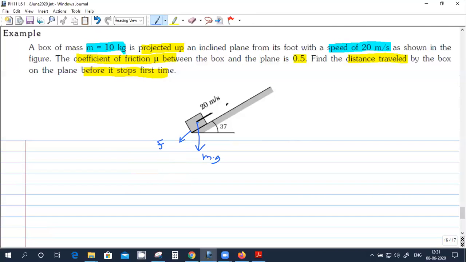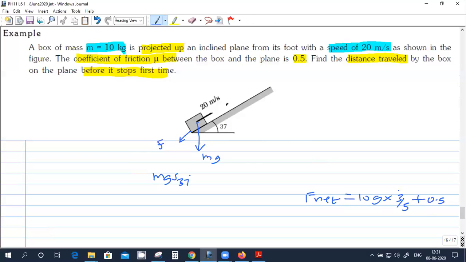Mg is 100 and sin 37 is 3 by 5, so 60. So the net force acting in the downward direction is mg, m is 10 g into 3 by 5, plus the friction force.